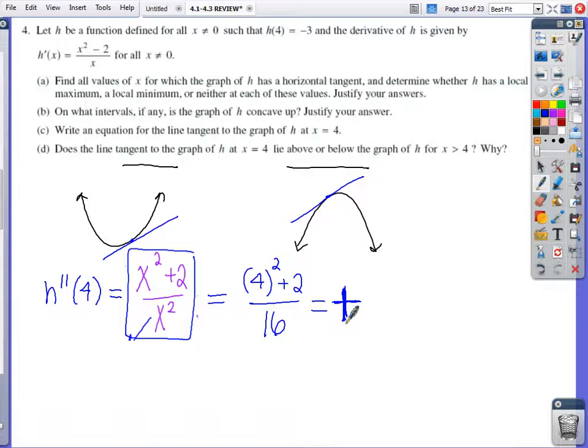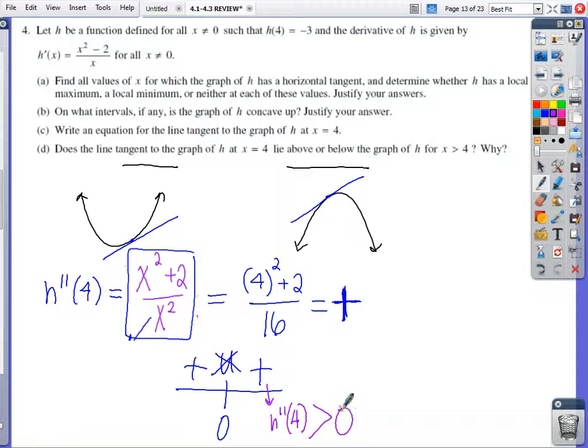The other way you could have done it is in part B, we actually had our sign chart. And if you remember our sign chart, we actually had that everywhere was positive. So h double prime of 4 would have been to the right of 0, therefore would have been positive.